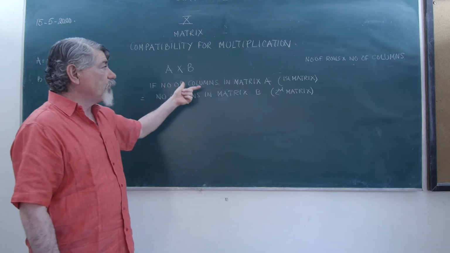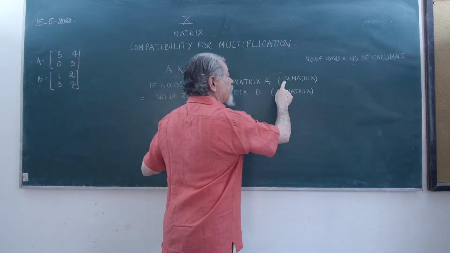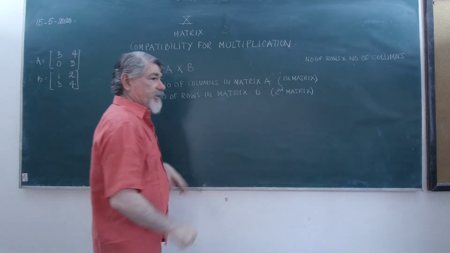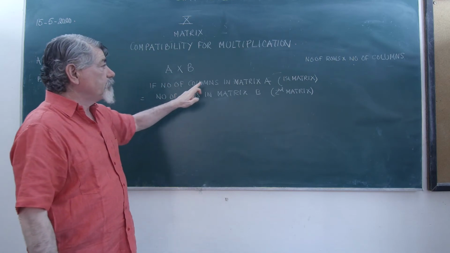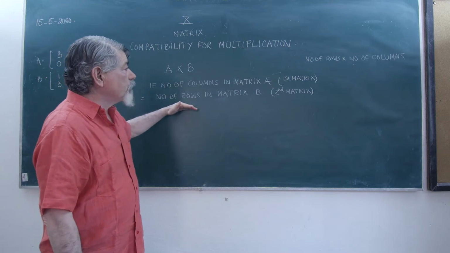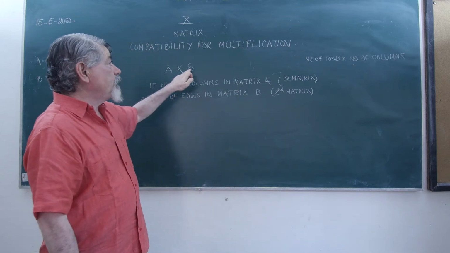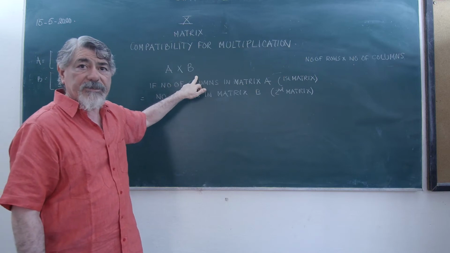If the number of columns in the first matrix A is equal to number of rows in the second matrix B, then A into B is possible, otherwise not.